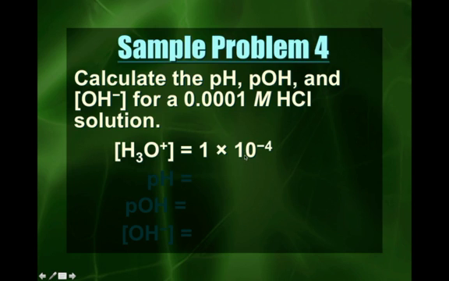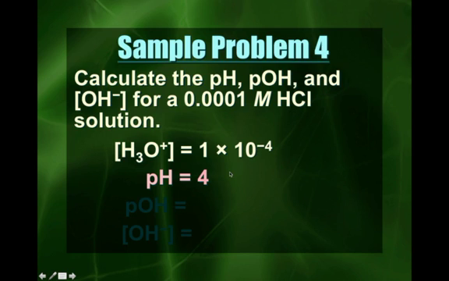Okay, so y'all tell me, I know I'm not there, but you can still answer aloud, if the hydronium, the H3O, is equal to 1 times 10 to the negative 4, what is pH equal to? All right, I'm hoping everybody said 4, because remember, this and this are the same, they're just opposite signs.